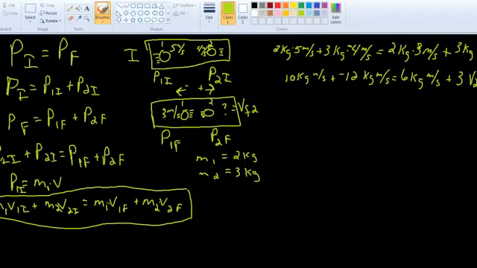Okay. 10 minus 12, we have a negative 2 kilogram meters per second equals 6 kilogram meters per second plus 3 V2F kilograms.